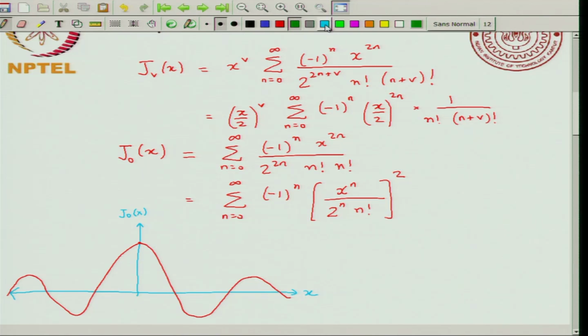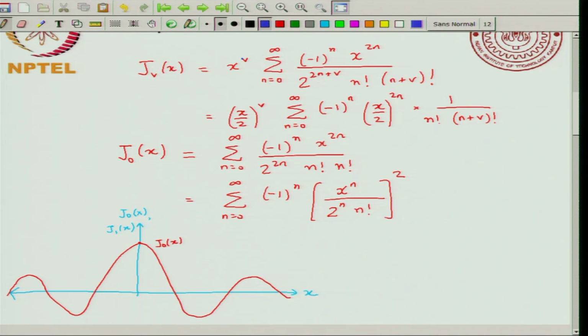If I also want to show J_1(x) on the same graph, so this is my J_0. Now, if I want to show J_1(x), I will use a different color. In this case you have a slightly different function, with a leading term of x raised to 1.